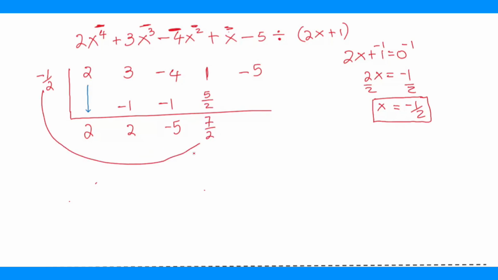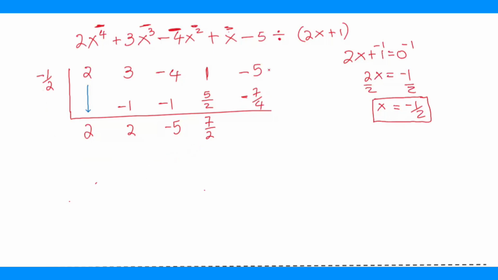We multiply -1/2 times 7/2, and what we get is negative 7/4.